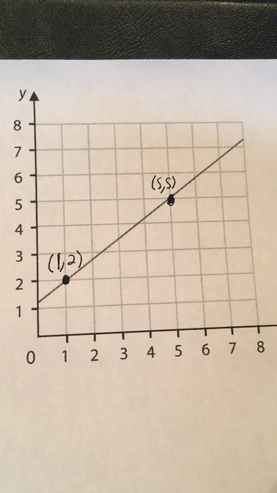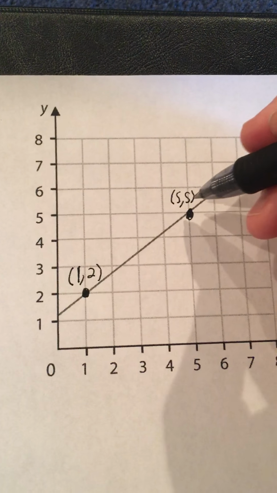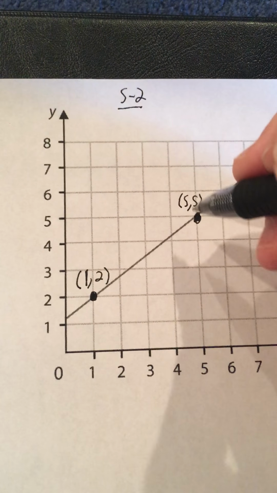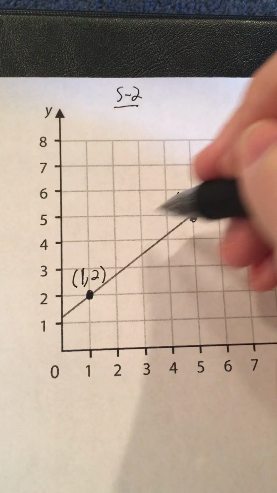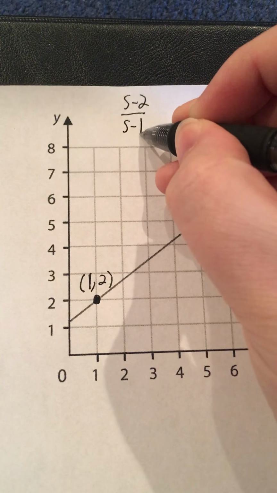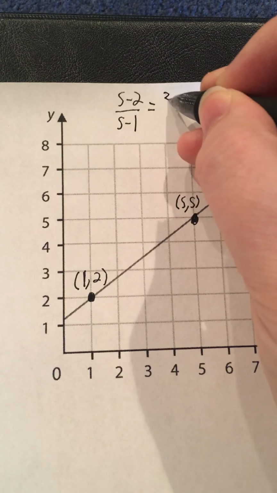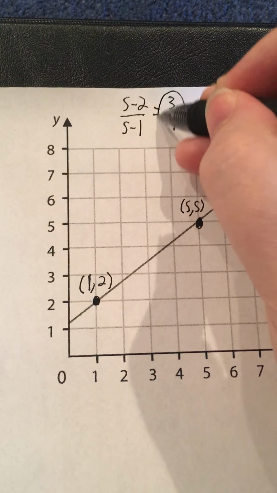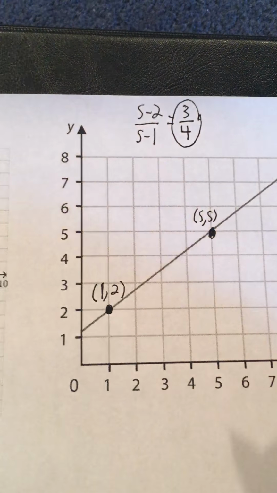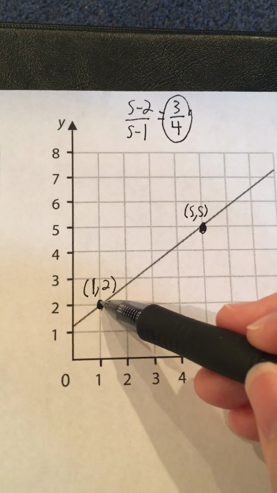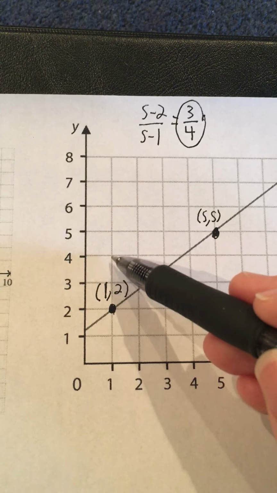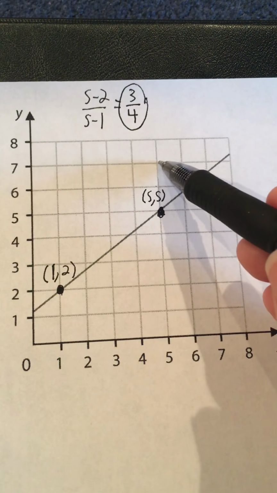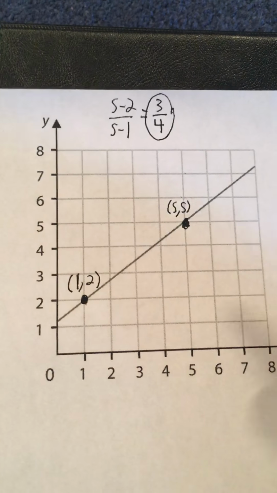So my change in y is 5 minus 2, and our change in x is 5 minus 1. So our slope is 3/4. And we can check that: it goes up 3 over 4. Up 3, can't check past that, but it works.